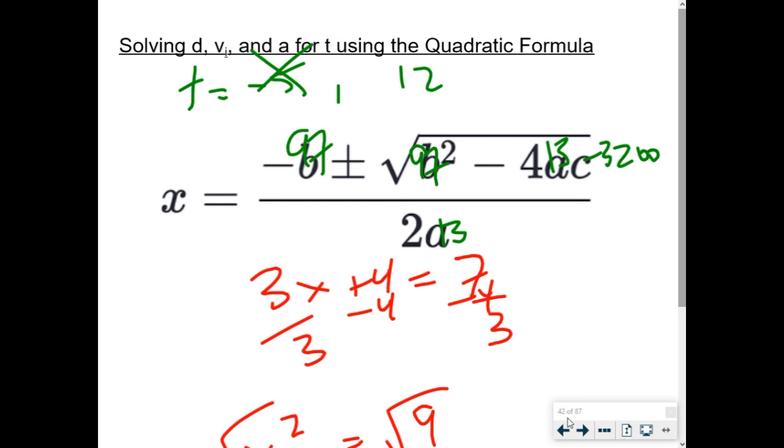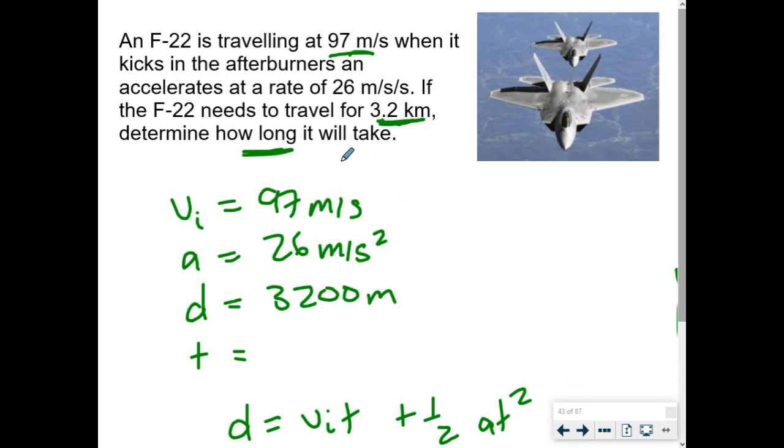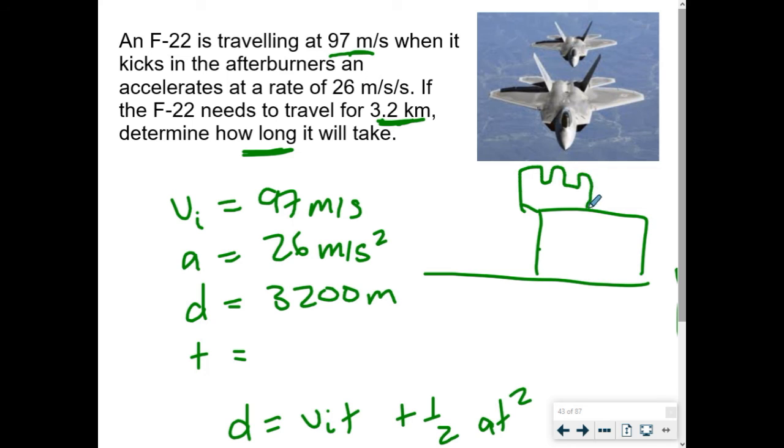There are some scenarios where maybe both answers are true. Now, this particular scenario is not really possible to solve for the amount of time and have two answers. This is a different scenario. Imagine that you had a catapult trying to shoot a rock at a castle. They're really fast. And let's say the rock went up on a trajectory, and hit the castle on the way up.